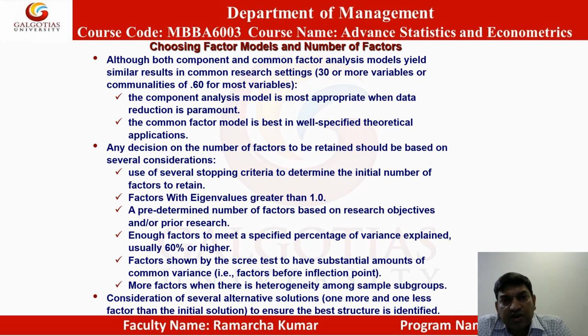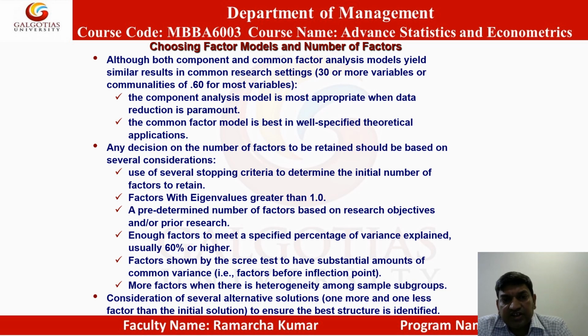Any decision on the number of factors to be retained should be based on several considerations. Use several stopping criteria to determine the initial number of factors to retain: factors with eigenvalue greater than 1; a predetermined number of factors based on research objectives and/or prior research; enough factors to meet a specified percentage of variance explained, usually 60% or higher; factors shown by the Scree test to have a substantial amount of common variance, that is, factors before the inflection point.